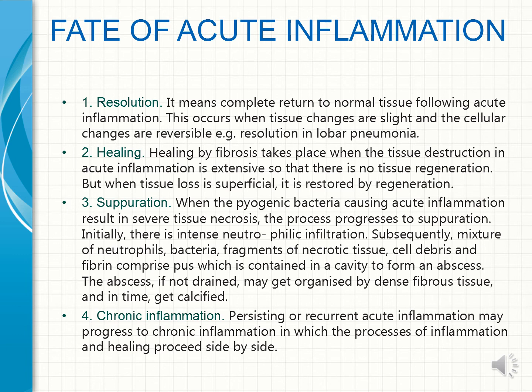So we see intense neutrophilic infiltration in tissues, subsequently a mixture of neutrophils, bacteria, fragments of necrotic tissue, cell debris, and fibrin comprise pus, which is contained in a cavity to form an abscess.